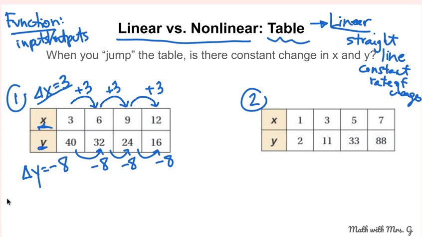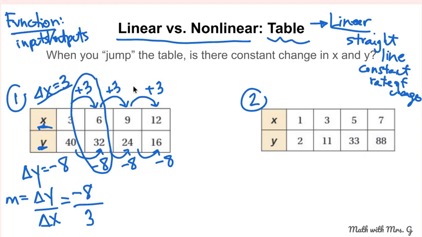So constant rate of change, we said slope equals the change in y over the change in x. And really what we're asking with this is, could we fill this in with numbers based on consistent jumping? So the change in y is -8, and the change in x is 3, which means at any point in time when we jump, do you see how this is -8 and 3, -8 and 3, -8 and 3?